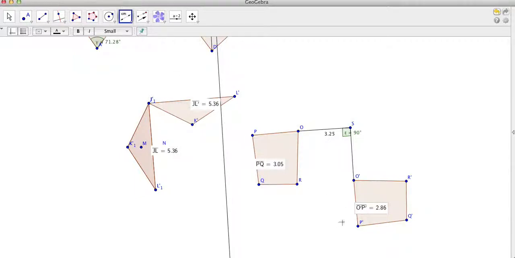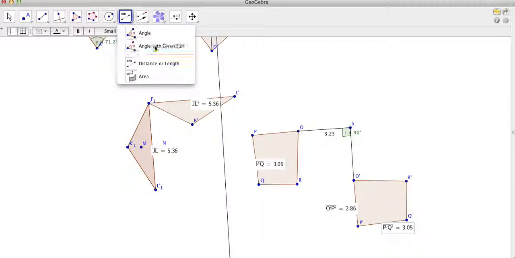The distance PQ is the same as P prime Q prime. And the angles are also the same.